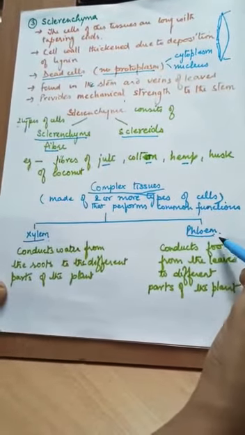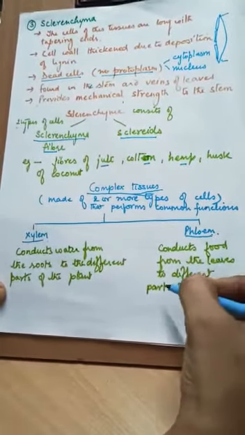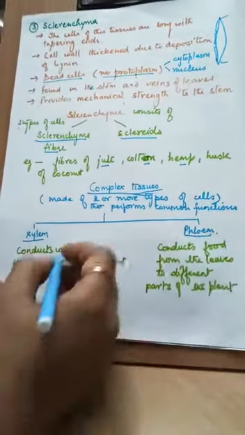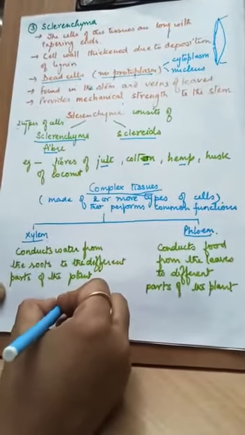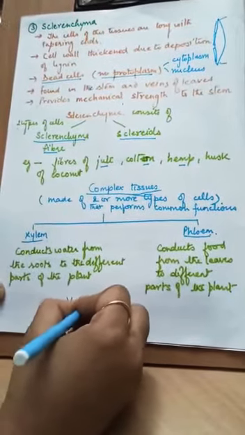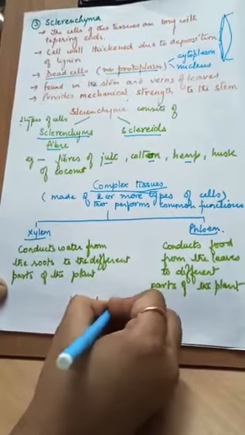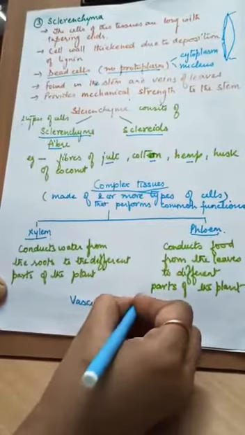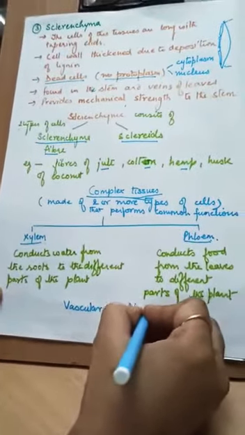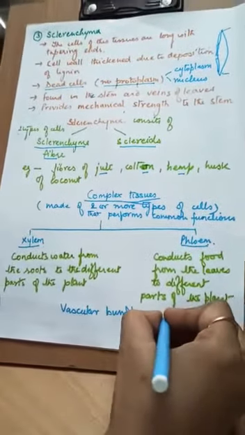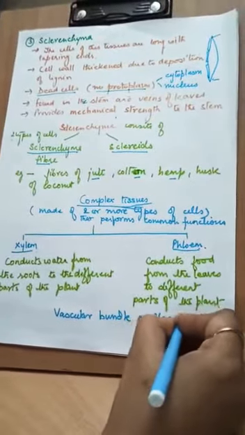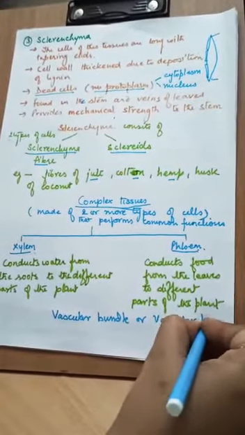So the conduction of food takes place from the leaves to different parts of the plant. Together, xylem and phloem form the vascular bundle or vascular tissues.